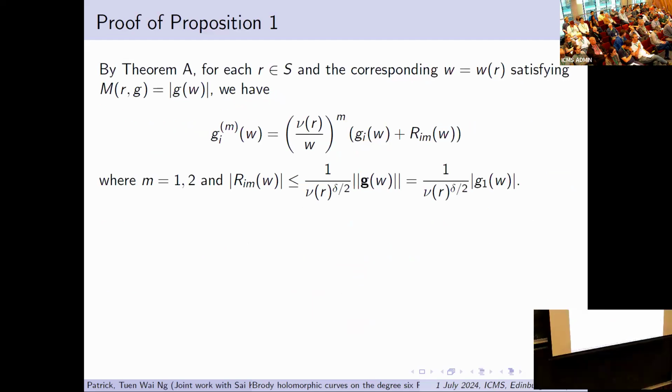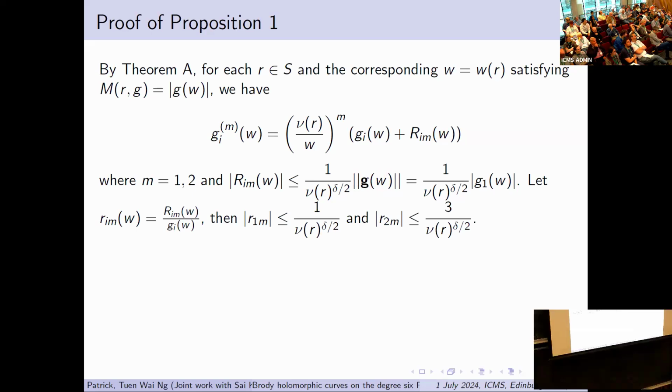Okay, so now we apply that vector valued Riemann-Mellin theory. Okay, so the nth derivative would be given by G_i multiplied with this factor here. Okay, and the error term, there's a control here. Uniform control. And according to our choice of W, this norm here is just G1.